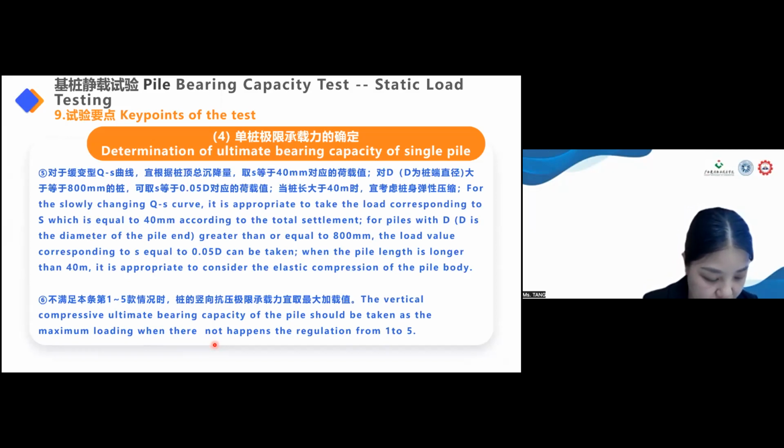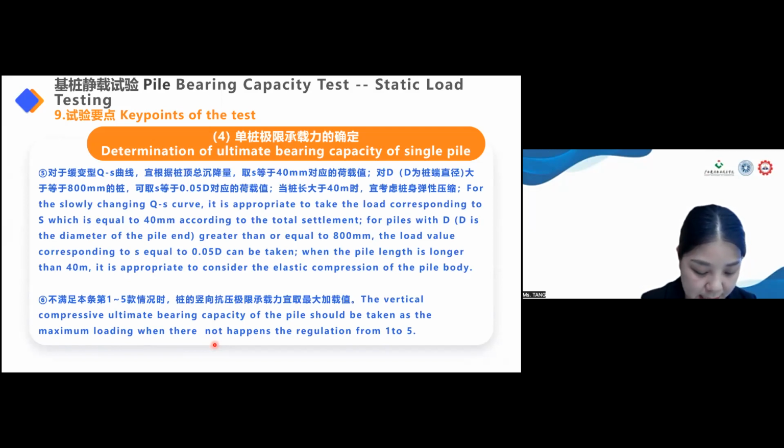Fifth, for the slow-varying Q-S curve, it is advisable to take the corresponding load value when the settlement equals 14 millimeters, according to the total length of the pile top.